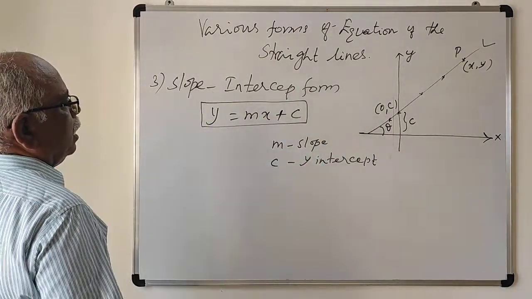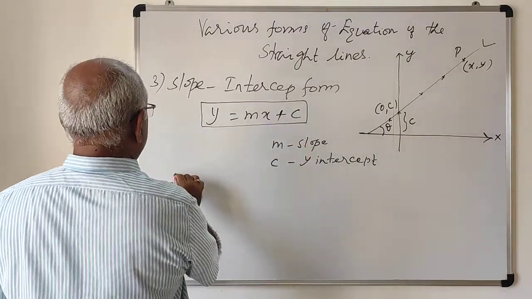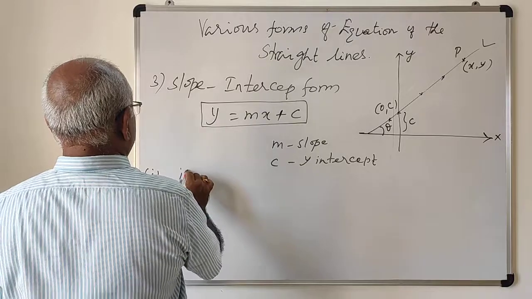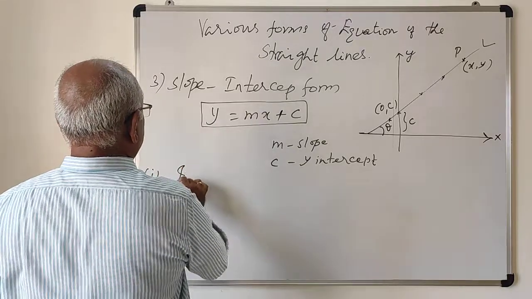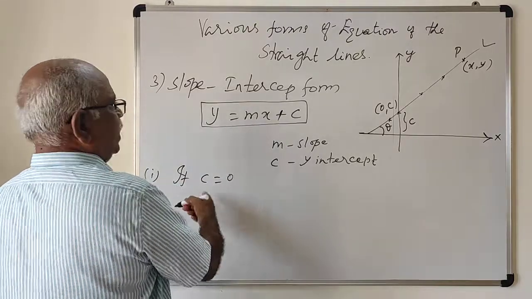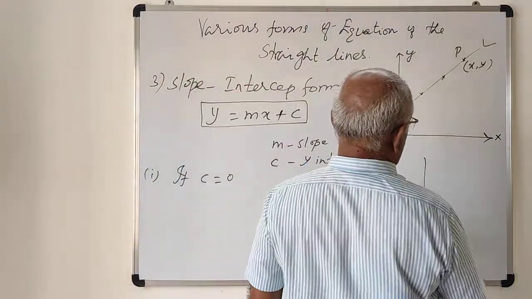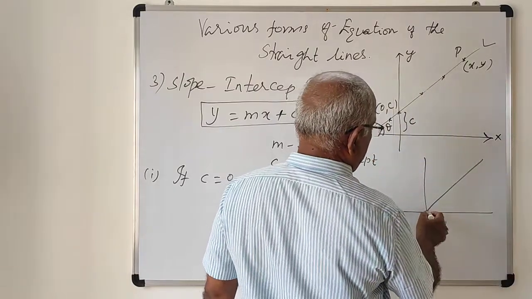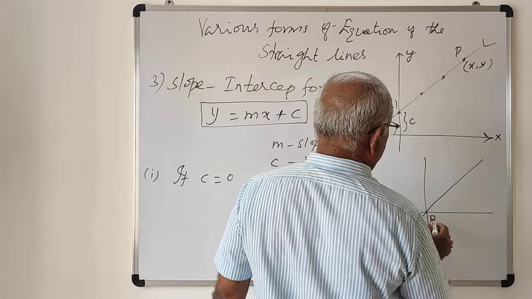Note one: suppose the intercept c is 0. If the intercept c is 0, that means what? There is no y-intercept, which means the line passes through the origin.